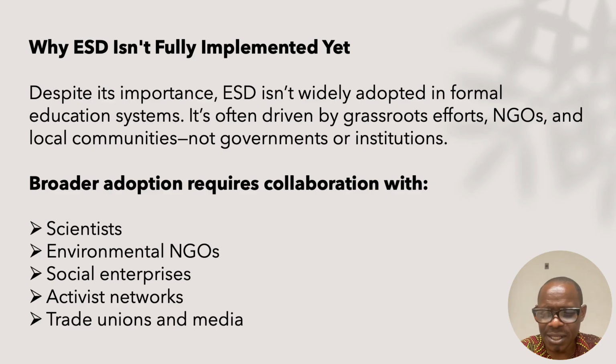Social enterprises, because they have a big role to play in education for sustainable development. Activist networks, trade unions, and media, because they have a powerful voice that can foster education for sustainable development. They can pass the message and actually influence advocacy in the education for the topics that are involved in education for sustainable development.